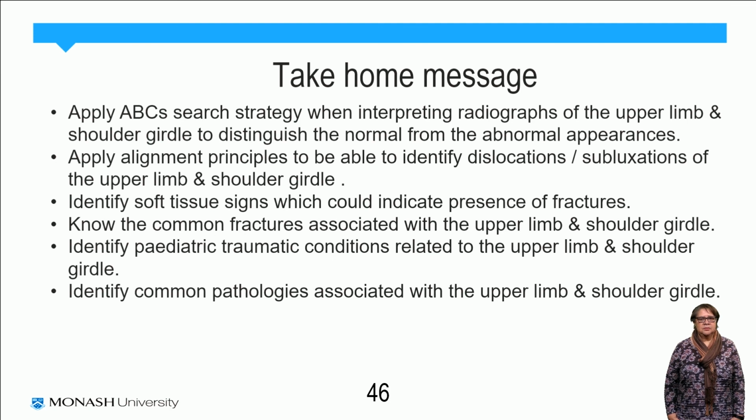Soft tissue signs are important, as they could indicate the presence of a fracture. You also need to know some of the common fractures associated with the upper limb and the shoulder girdle, and then also to identify pediatric traumatic conditions as well as common pathologies associated with the upper limb and the shoulder girdle. Thank you.